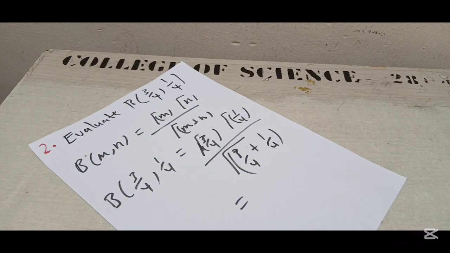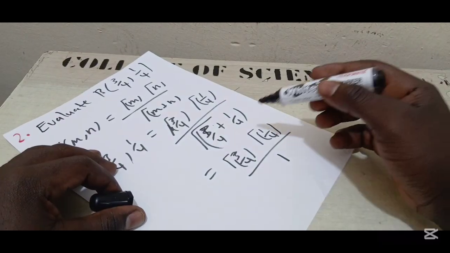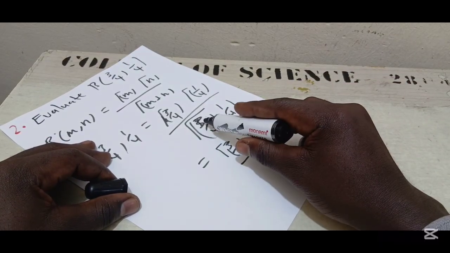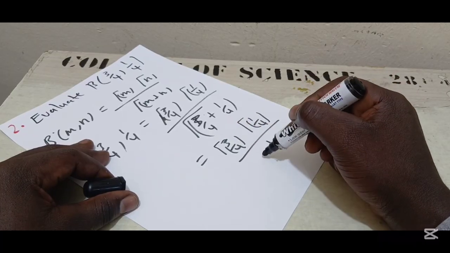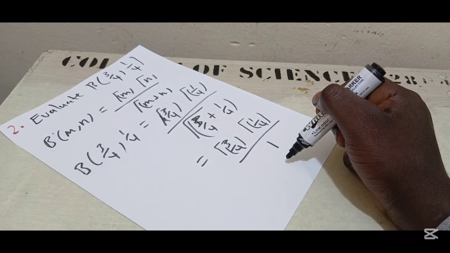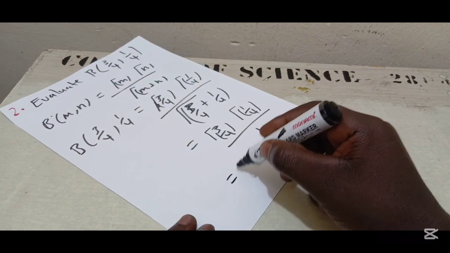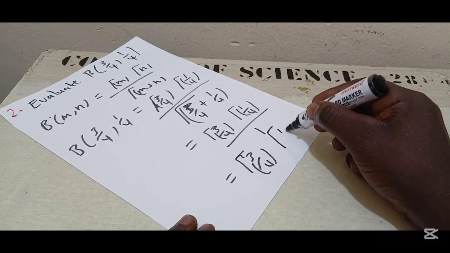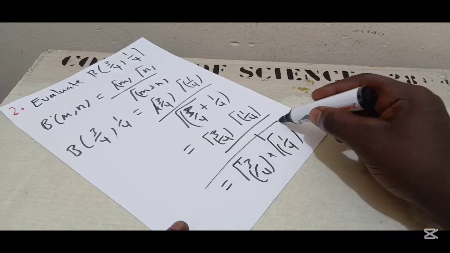So at the end of the day, we are going to get gamma 3 on 4, gamma 1 on 4, all over gamma of 3 on 4 plus 1 on 4, which is 1. So gamma 1 is the same as 1. Okay. So we are left with gamma 3 on 4, gamma 1 on 4, right? They are multiplying, so we have to simplify this.